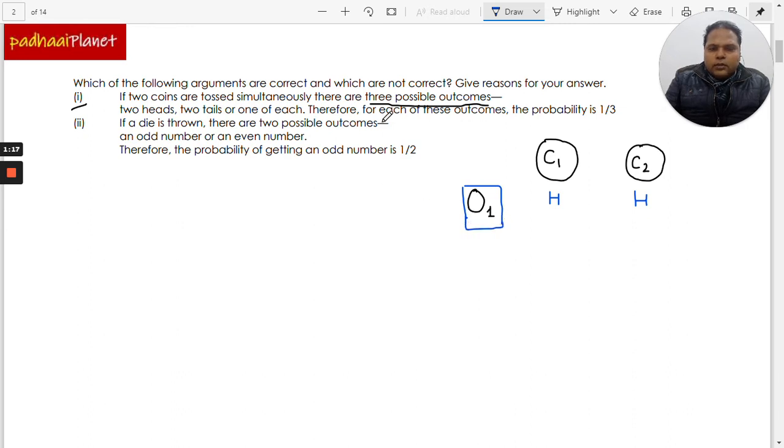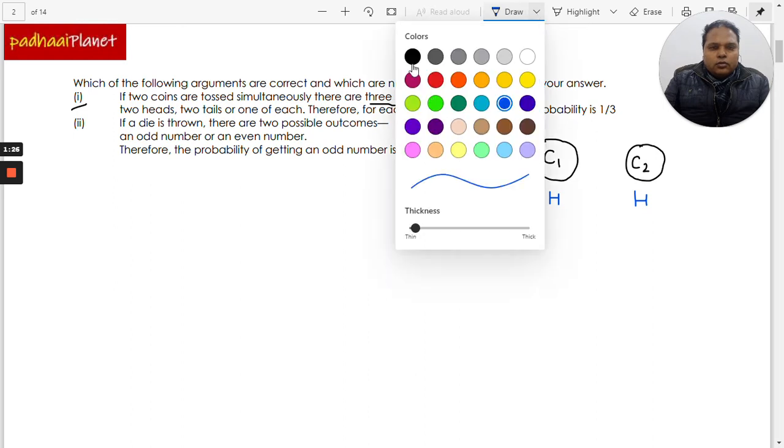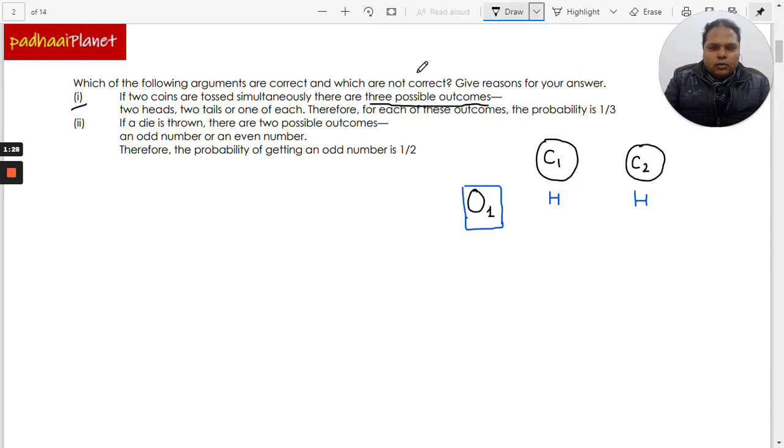Now they're saying the second outcome could be that it's tails. So we can write the outcome number 2, and the outcome number 3 is that one of each.